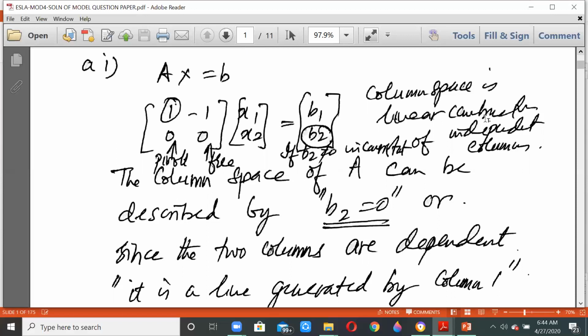Column space is a linear combination of independent columns, so we have only one independent column. The column space of A can be described by considering the inconsistency, that is b2 equal to 0.